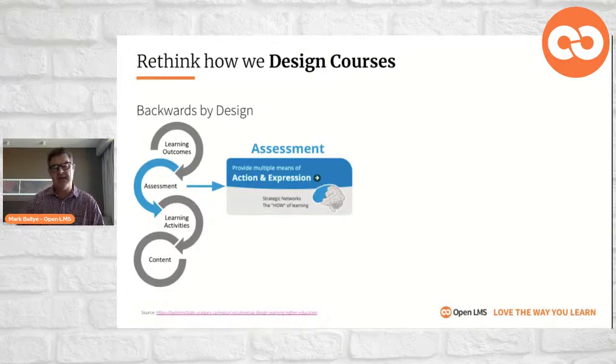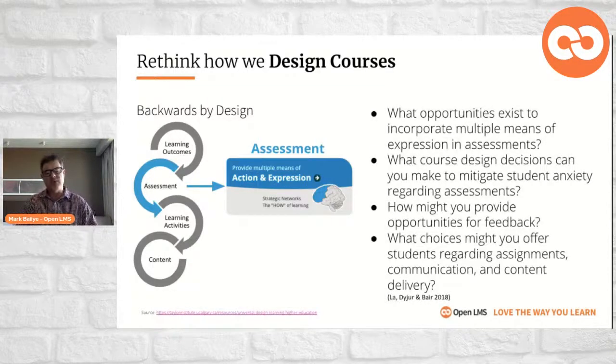What assessment tasks are going to draw that out from our learners? Here are a couple of questions that might help as you design your courses and think about the assessments you're putting in place. Here are 4 things to think about. Number 1, what opportunities exist to incorporate multiple means of expression in assessments?